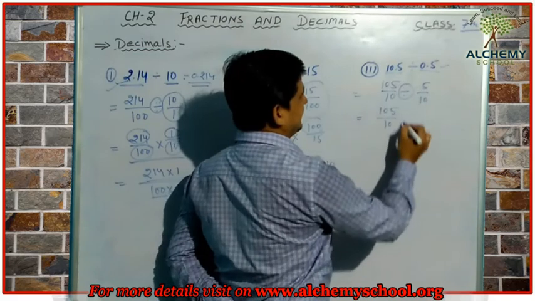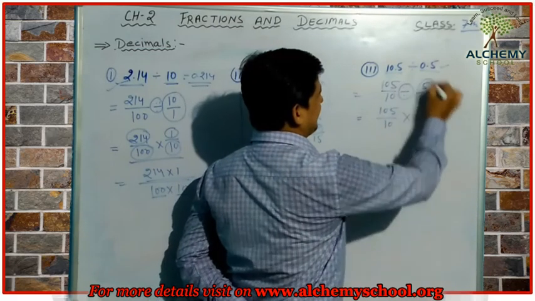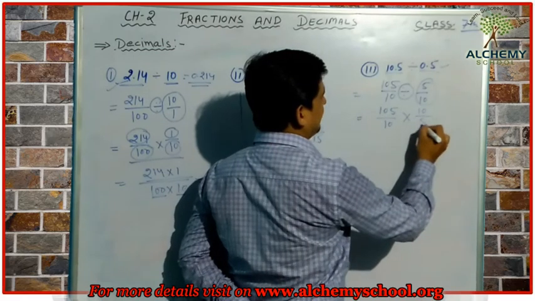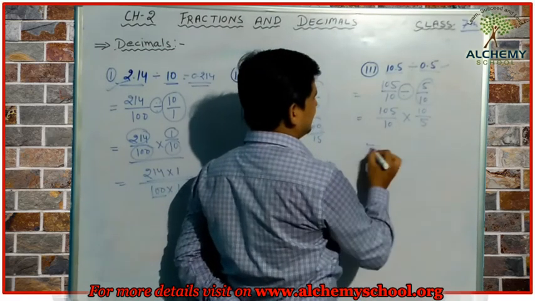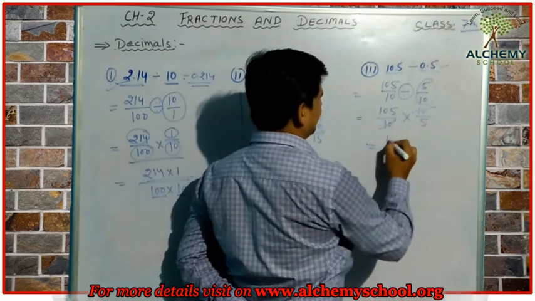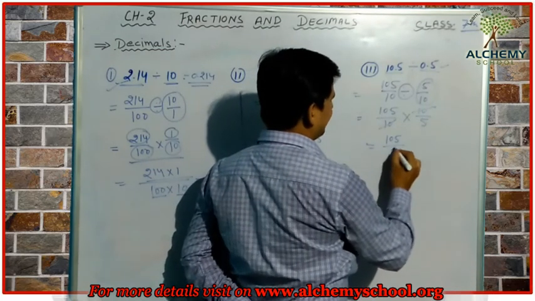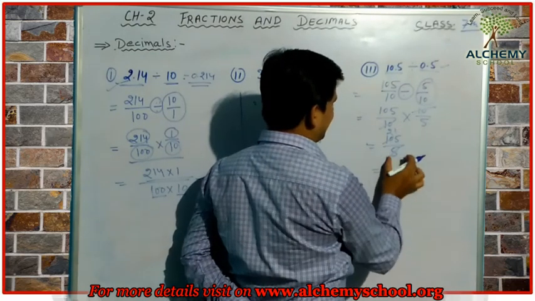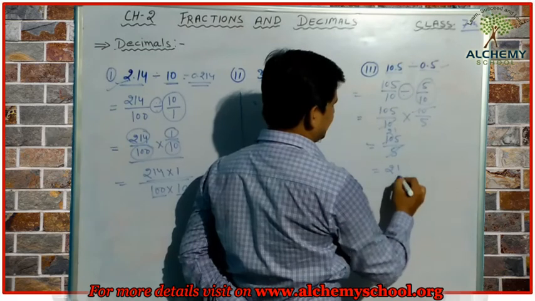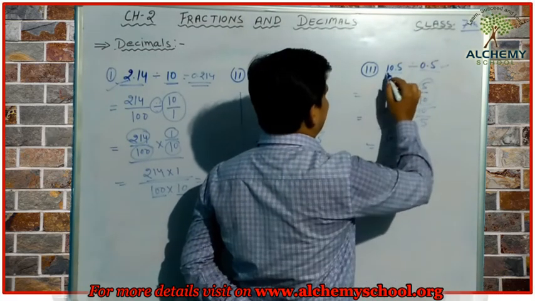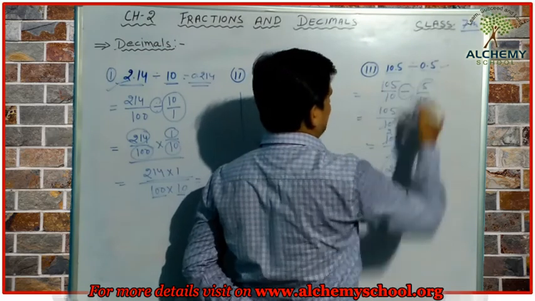This division will be replaced by multiplication and we have to write the reciprocal of 5 upon 10, and it will be 10 upon 5. Now simply 10 and 10 will be cancelled. Now we have 105 upon 5. 5 twos are 10, 5 ones are 5. So when we divide 105 by 5, we get 21 as the answer. So this is the answer when we divide 10.5 by 0.5.